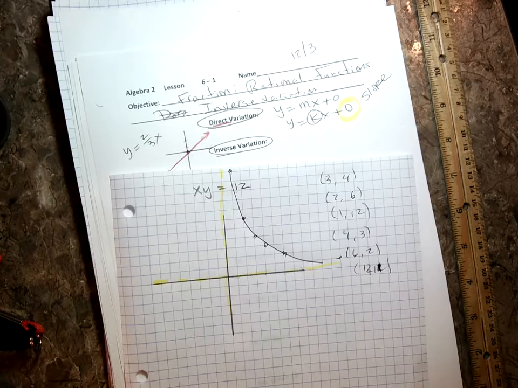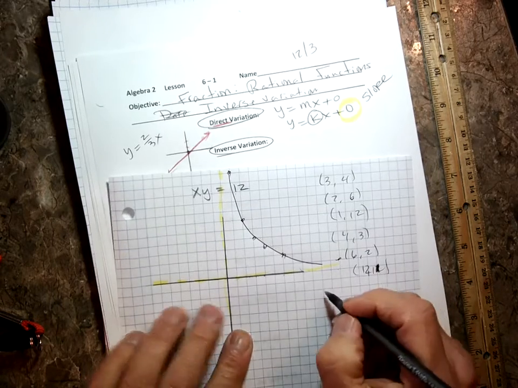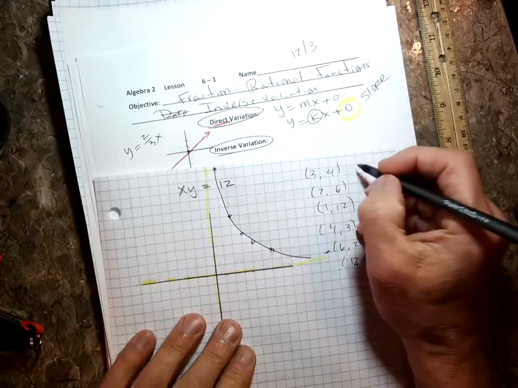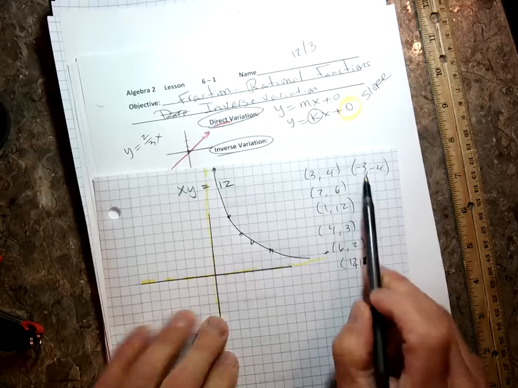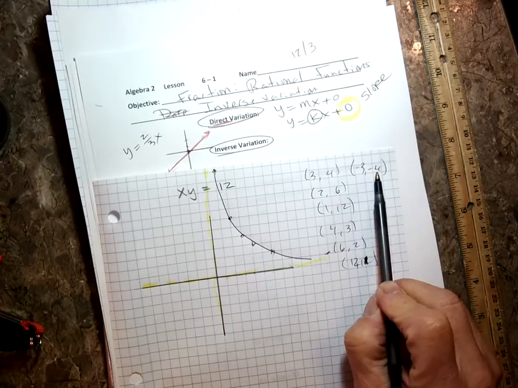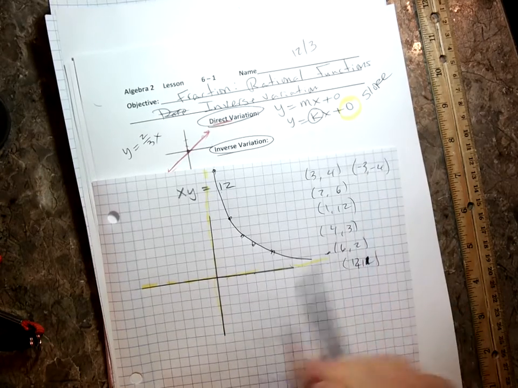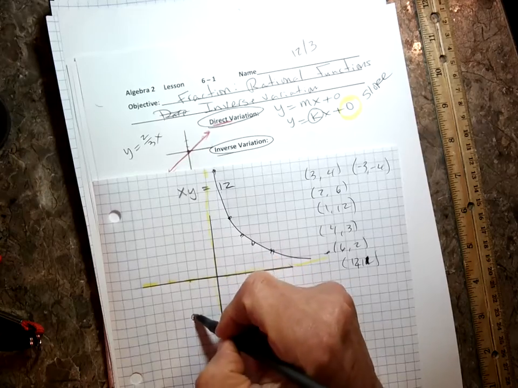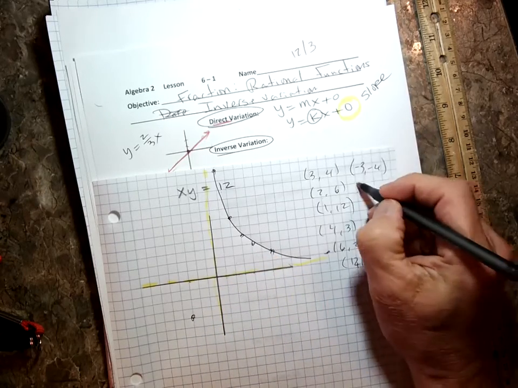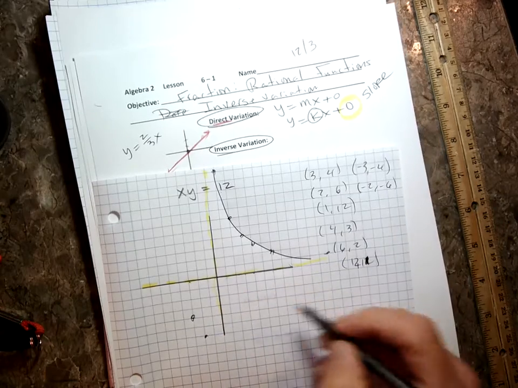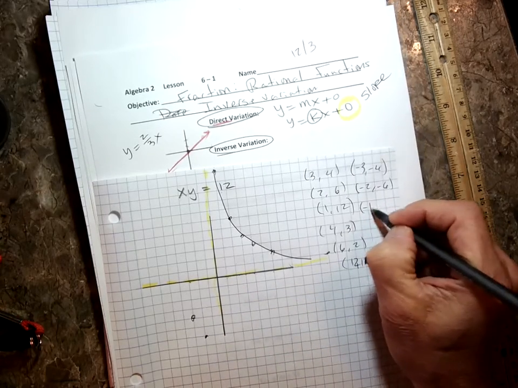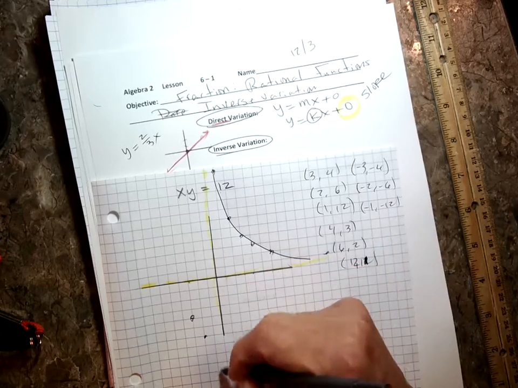Now, somebody out there might say, hey, Mr. Davies, what about the negatives? Well, how about a negative 3 times a negative 4? Yeah, that could probably work. Because we know a negative times a negative makes a positive, so we could have a negative 3 and a negative 4. You could have a negative 2, negative 6. You could have also a negative 1, negative 12, way down here.